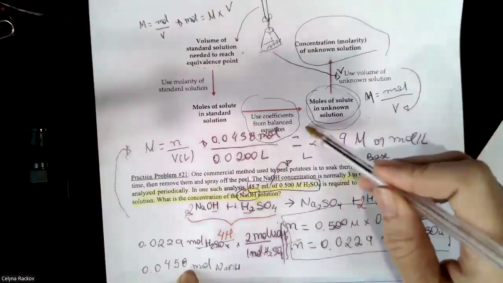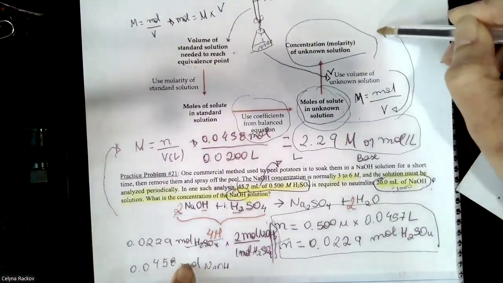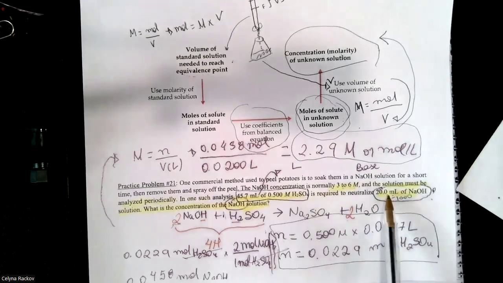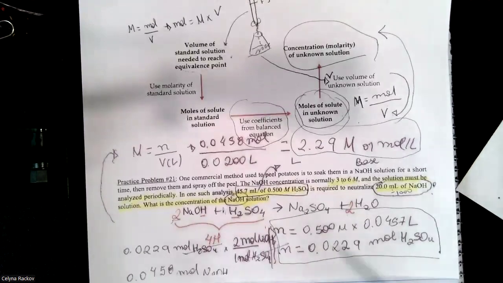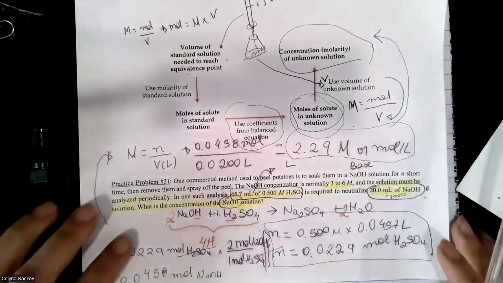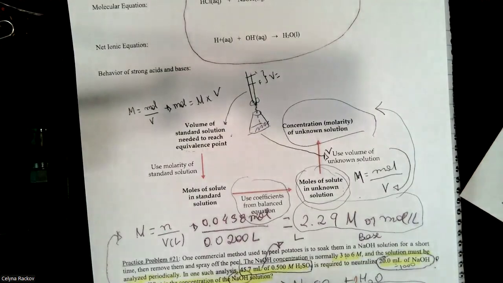Then finally, you find the molarity of the unknown solution, which is 2.29 molar, or moles per liter. Don't forget the units, and do not forget to count the number of significant figures. Your answer should have 3 significant figures. Okay, that's the end of chapter 4.